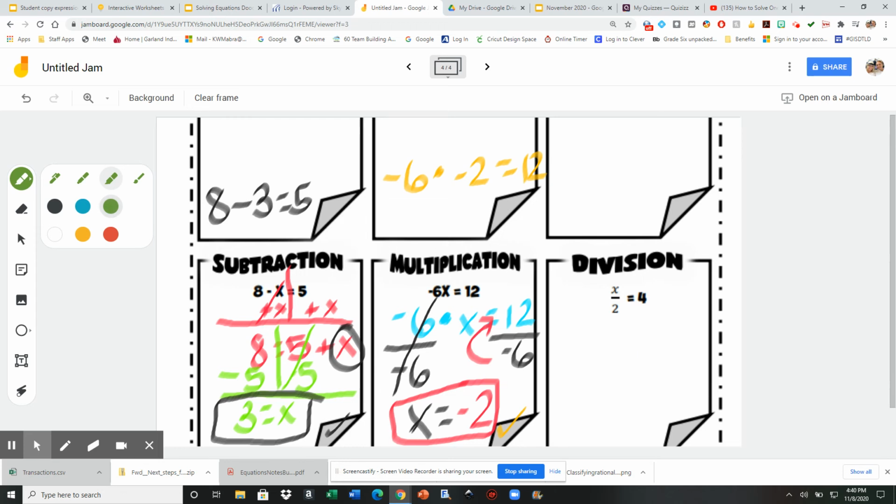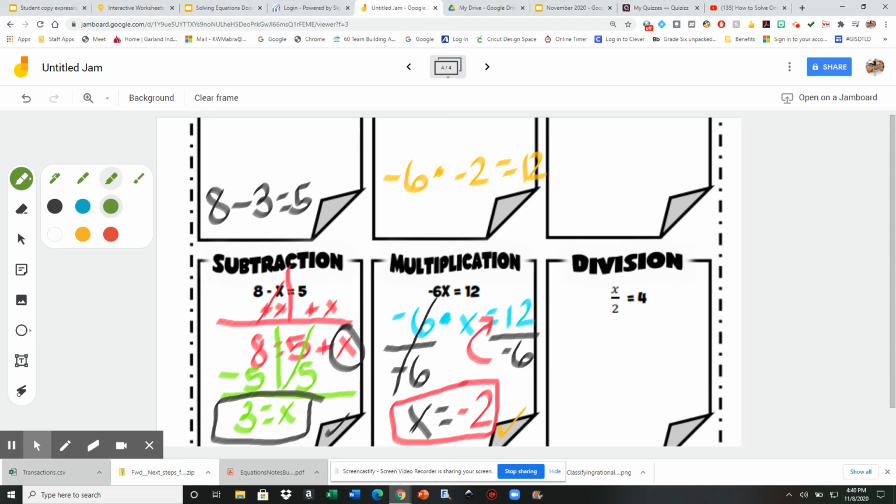The last one might look a little tricky to you only because it looks like a fraction, but it's really not a fraction. It really is just division. Remember that when you have a fraction, that line means to divide. So what's the opposite of dividing by 2?